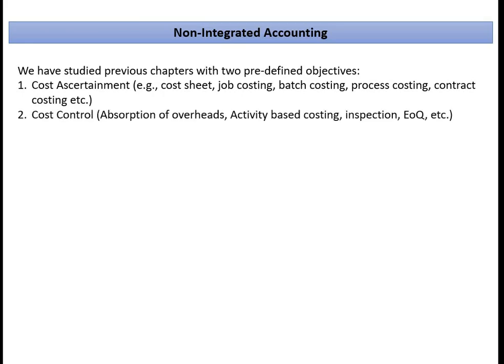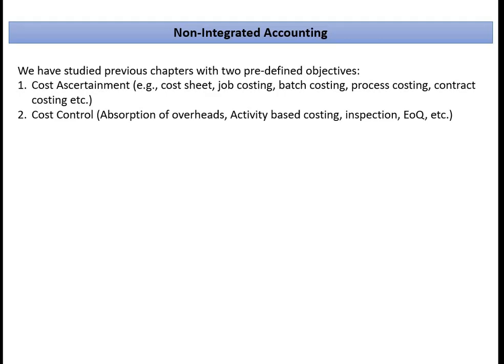A few discussions were made on cost control like inspection, economic order quantity, ABC, or under absorption or over absorption of overheads, where we have recorded any deviation of the actual overheads as compared to the estimated overheads.